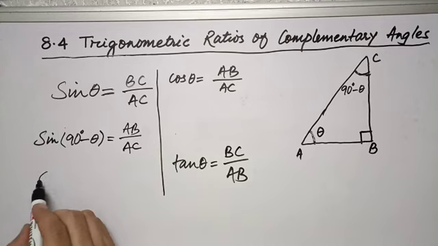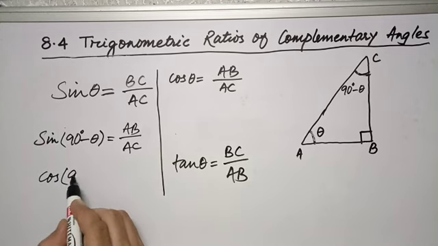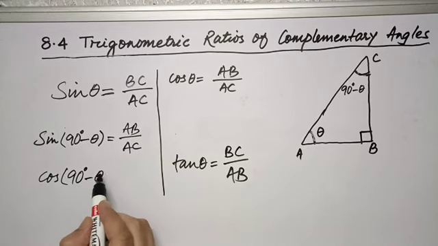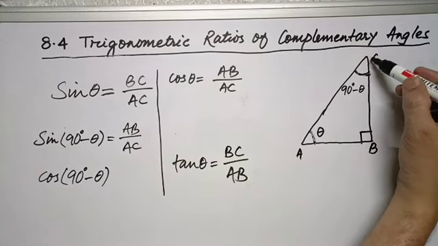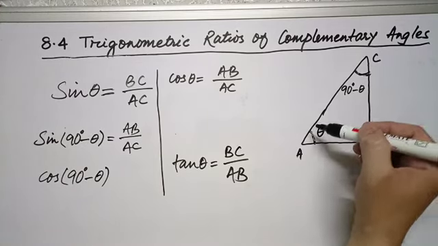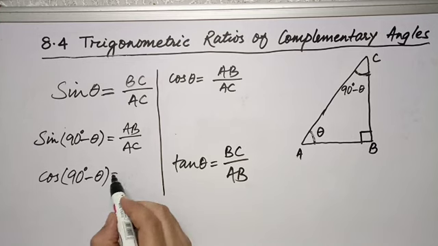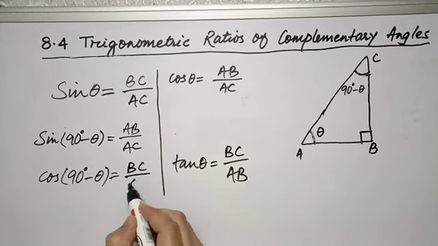Similarly, if you write cos 90 degree minus theta, then the base will be BC and hypotenuse will be AC.